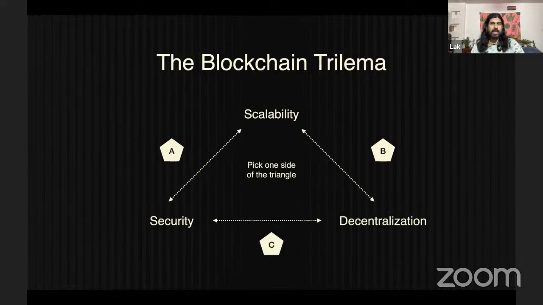So this is where a lot of the challenge lies in building an efficient layer one, right? The blockchain trilemma posits that it's incredibly difficult to maximize all three of these attributes simultaneously. When we try to enhance one aspect, it often comes at the expense of the other two. So, for example, let's say we want to bolster security.